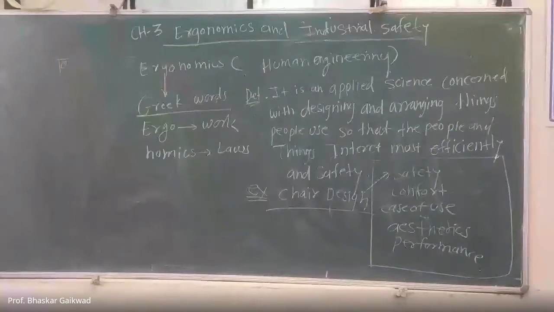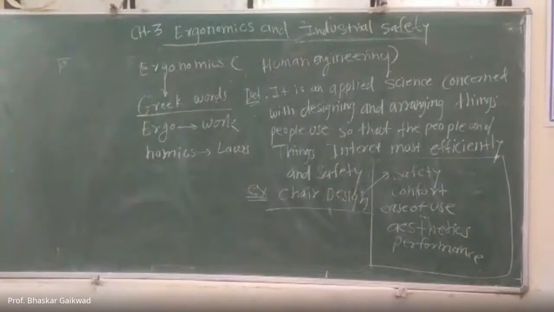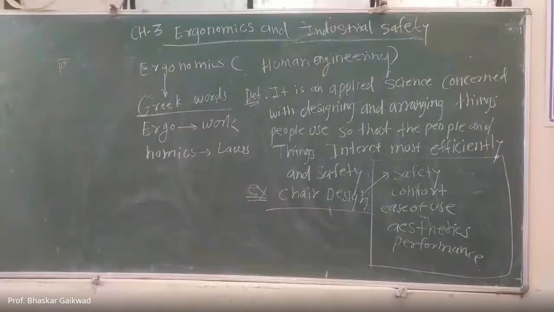Then aesthetics, it should look very good. Then performance, which means its reliability, quality and durability. This part comes under performance. So you have to design any part on the basis of ergonomics.